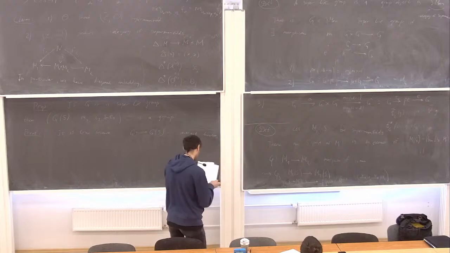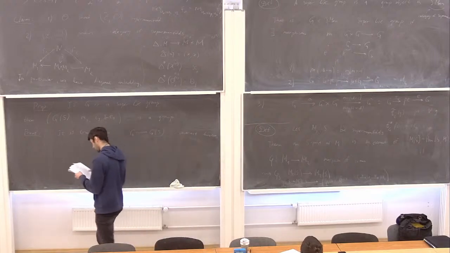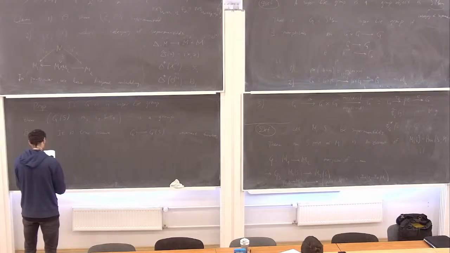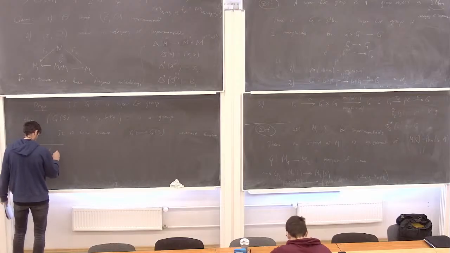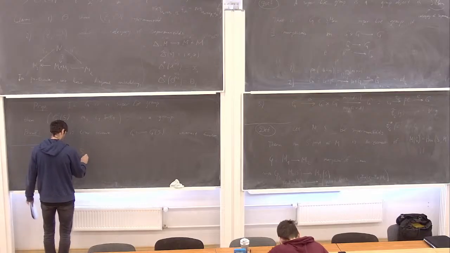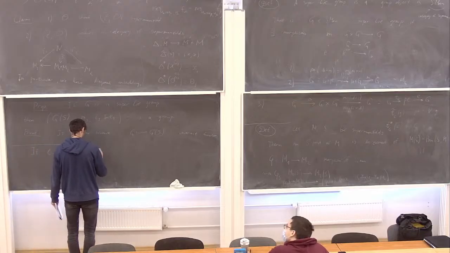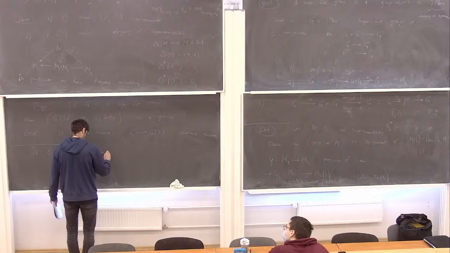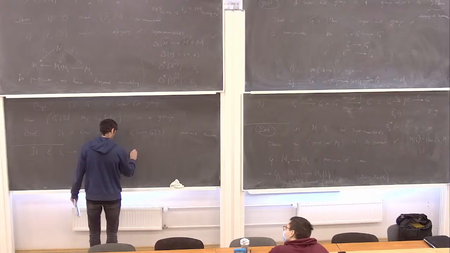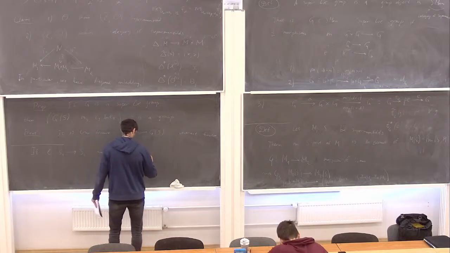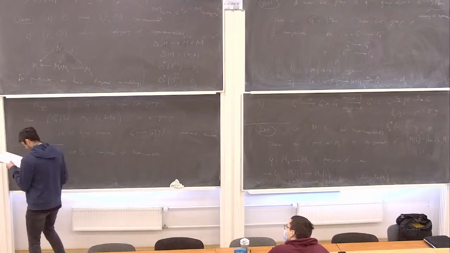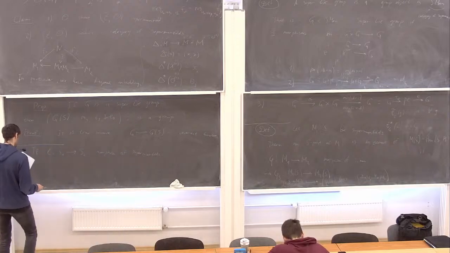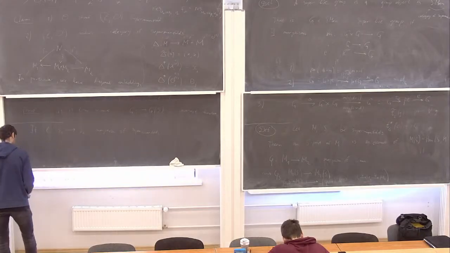On the other hand, another simple observation. So if L is a morphism again of supermanifolds, then I have the following commutative diagram.